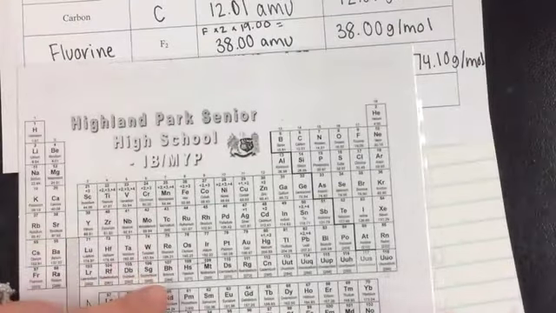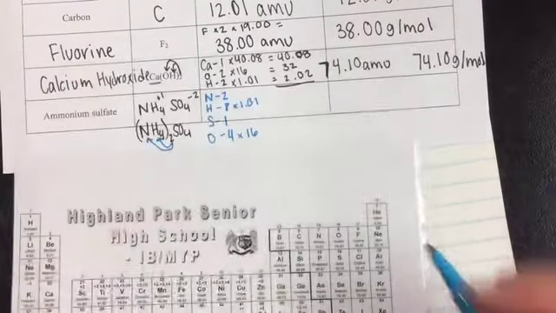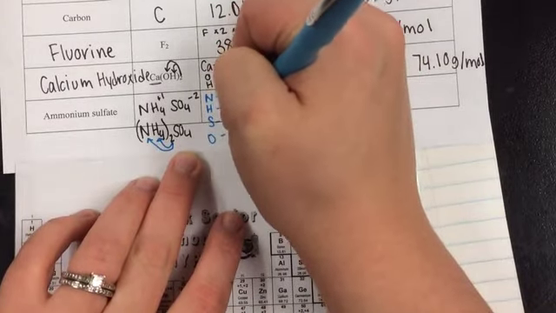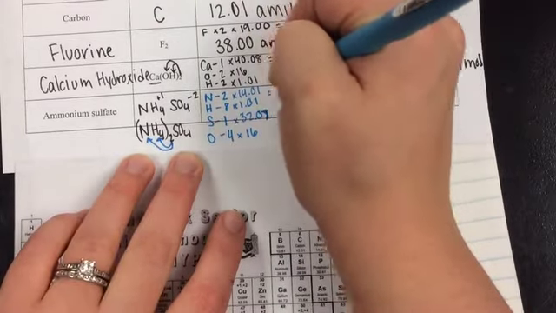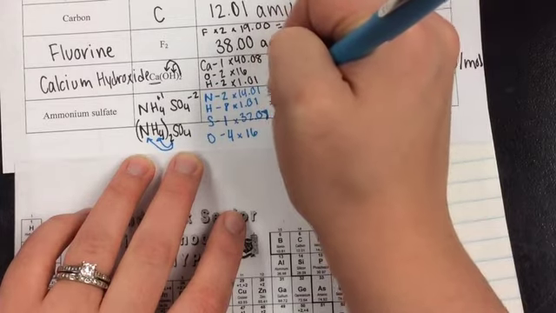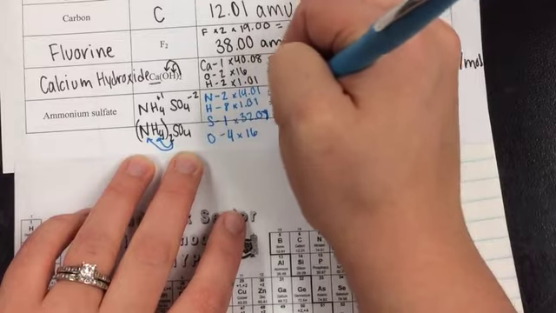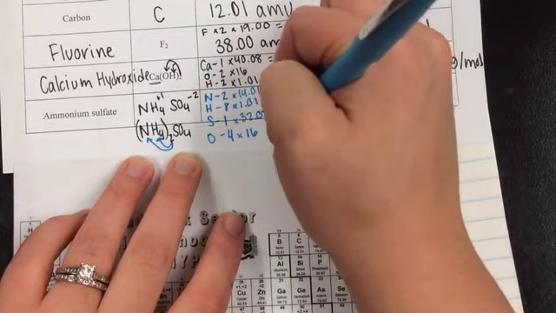So I knew oxygen was 16, I knew hydrogen was 1.01, nitrogen I see is 14.01, and sulfur is going to be 32.07. So I'm going to do the multiplication there, 2 times 14.01, 8 times 1.01, 1 times 32.07, and 4 times 16. Once I get those answers, I'm going to add them all together.